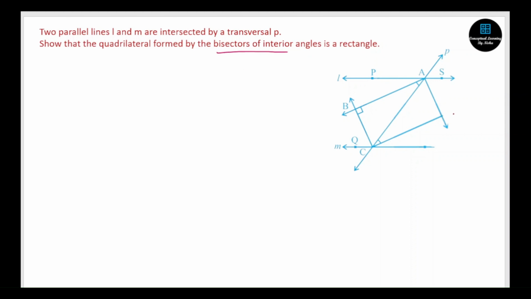Means what? Let's say this is point C here. This is point D. Let's say this point is R. Now see what is given first of all. Let's write it properly. The given thing is L is parallel to M and P is the transversal.